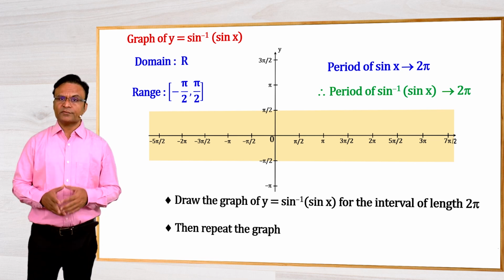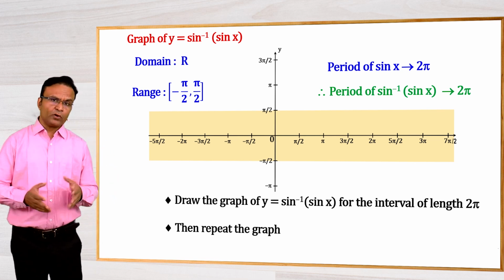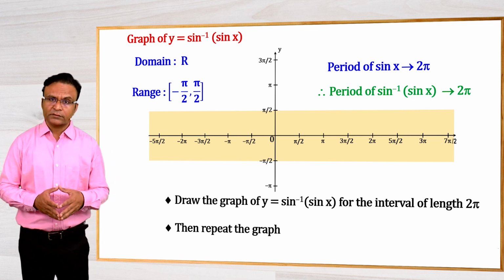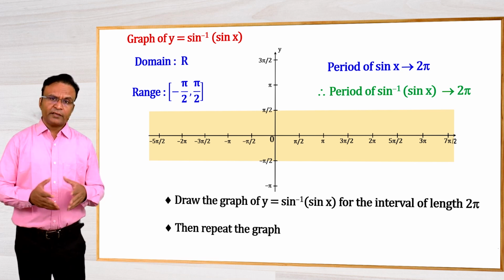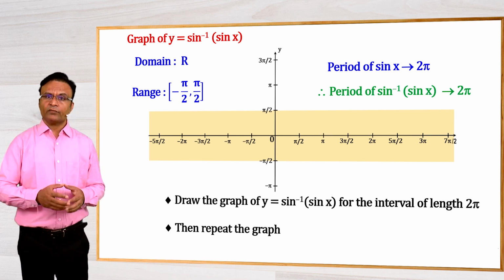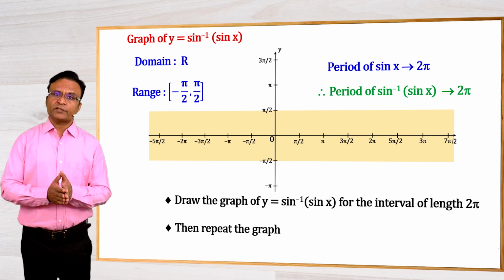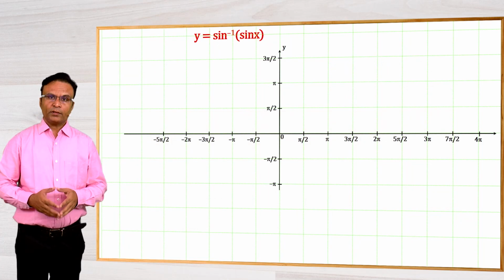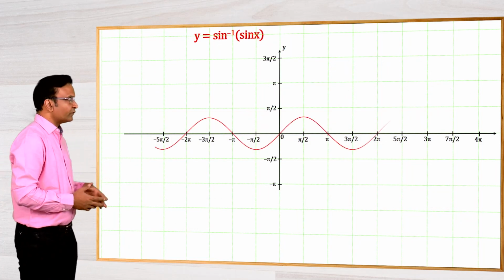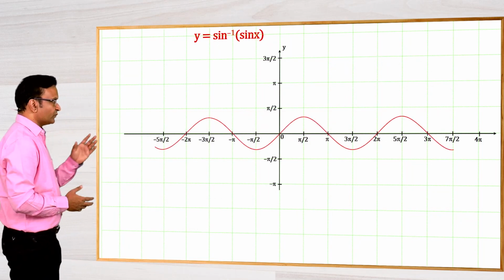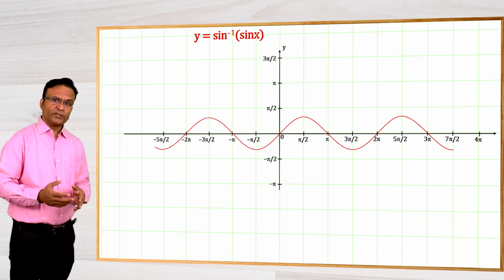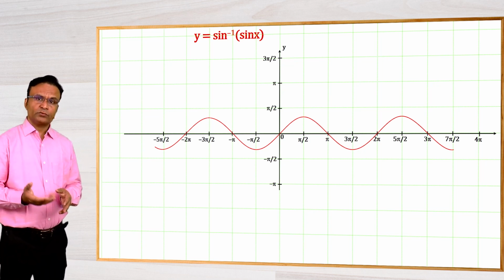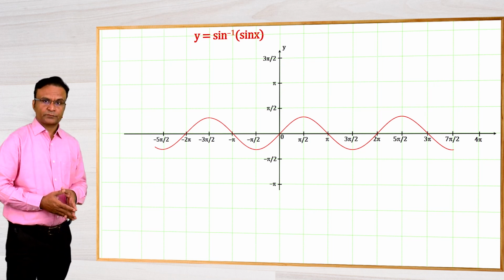Clearly the values of sine inverse of sine x depend on the values of sine x. Isn't it better if we draw first the graph of function y is equal to sine x? Here is the graph of function y is equal to sine x. From this graph we will draw the graph of function y is equal to sine inverse of sine x.